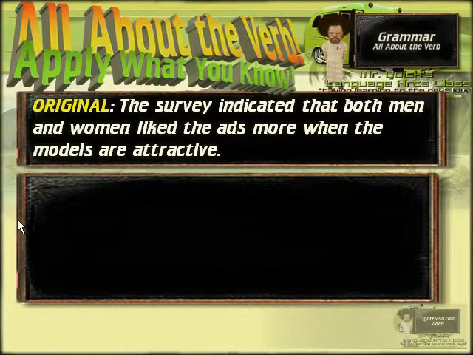So I want you to look at that sentence and see if you see anything that's not quite right with it. Of course, we're talking about verbs, so you can narrow down what you should be looking for. The survey indicated that both men and women liked the ads more when the models are attractive.